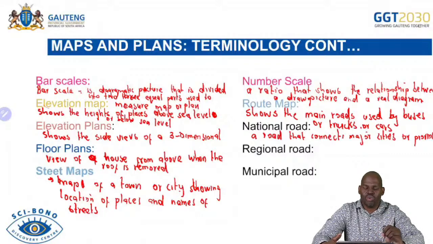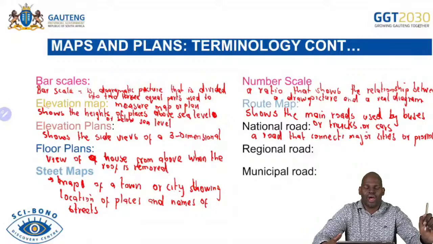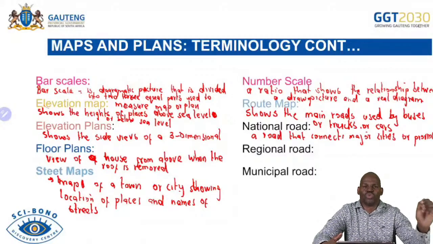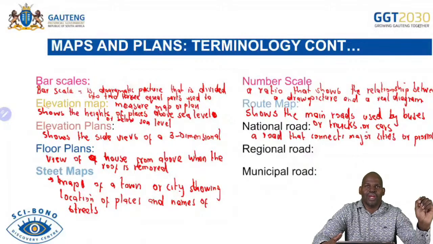Then we've got the regional route. If you check around your area, you might have seen roads that are indicated with the letter R. For instance, if you are staying in Soshanguve, you'll have a road like R80, which is from Soshanguve to Pretoria. And then R59, which is a road from Johannesburg to Vaal.